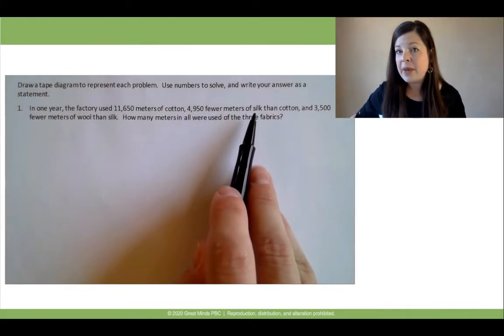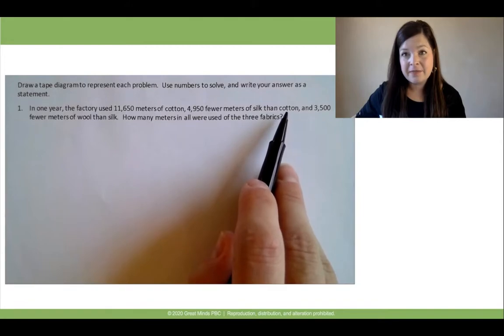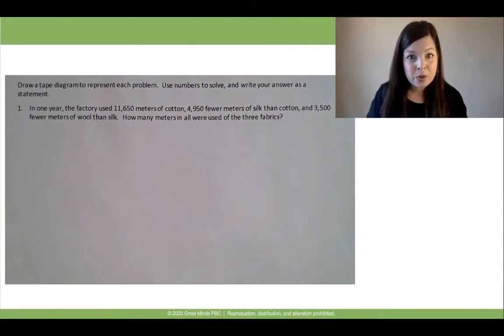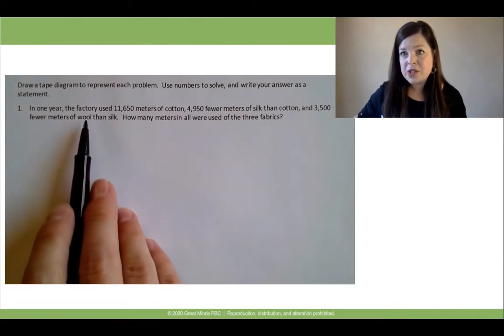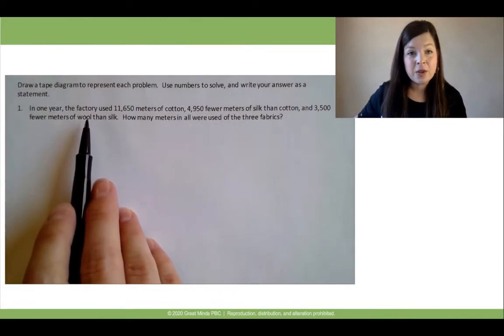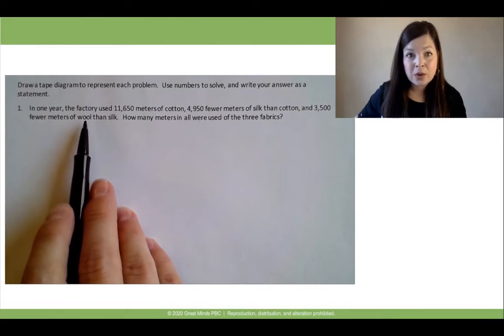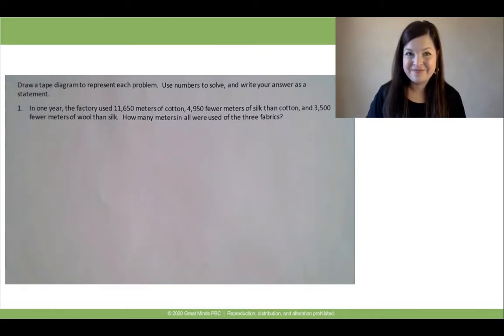But we do have a comparison of the silk to the cotton. Then there's the wool. They also used wool fabric. We don't know how much wool was used, but again, we have a comparison for the wool, but this time they're comparing the wool to the silk. And what we're looking for is how many meters of the three fabrics were used in all.